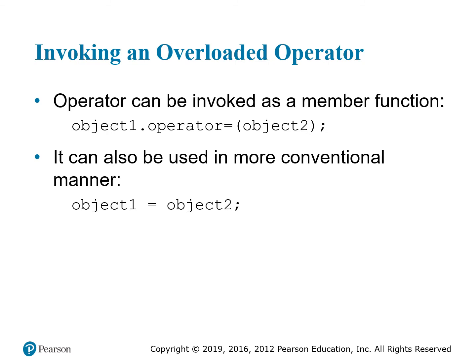So this just points out that you can actually do that. You can call object 1 dot operator equals object 2, but it's much easier and much more readable to just put the equal sign in there and say object 1 equals object 2.